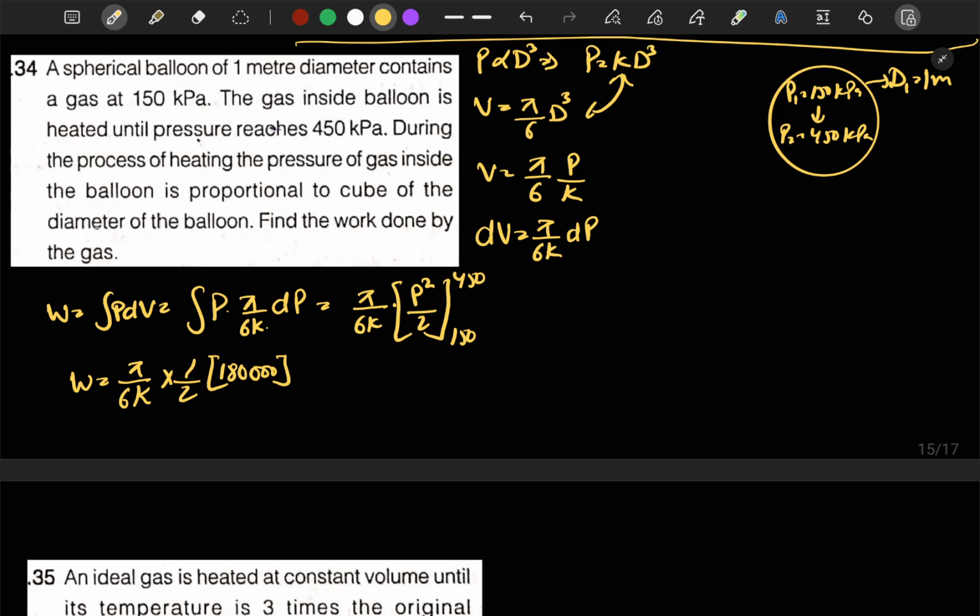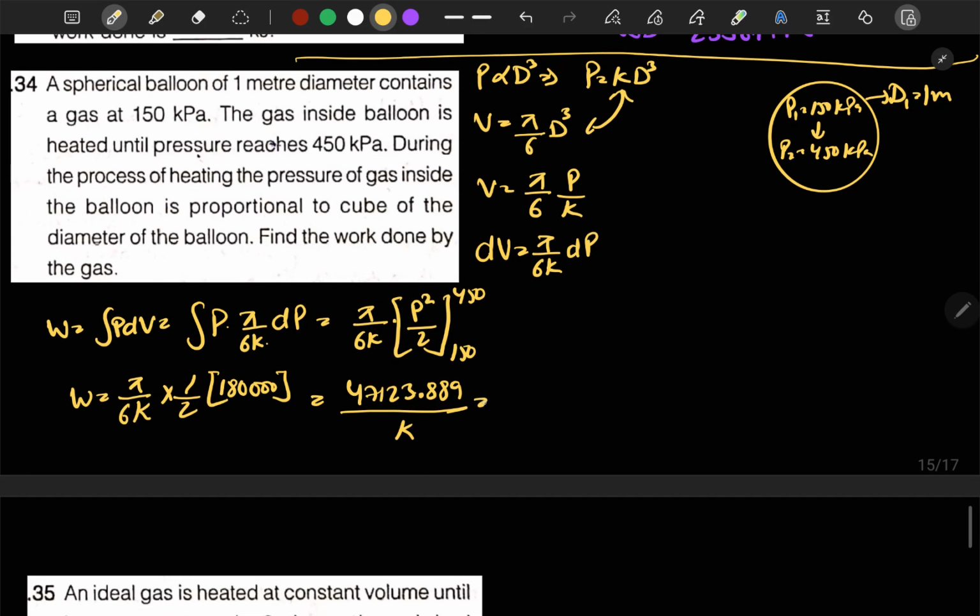Okay, so we will multiply it by pi divided by 12, and we will get work done is equal to 47123.889 divided by k. For value of k, we can calculate it by P by d cube.